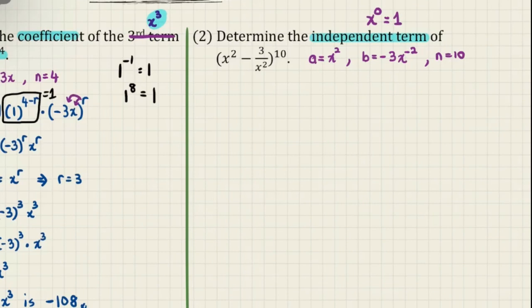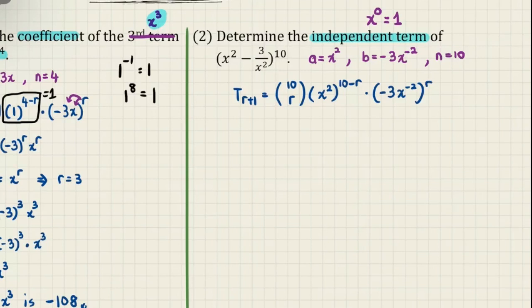So kemudian let's look at T of R plus 1 punya formula. So nCr, n kita 10, r kekal r, A adalah x square to the power of 10 minus r darab dengan B to the power of r.